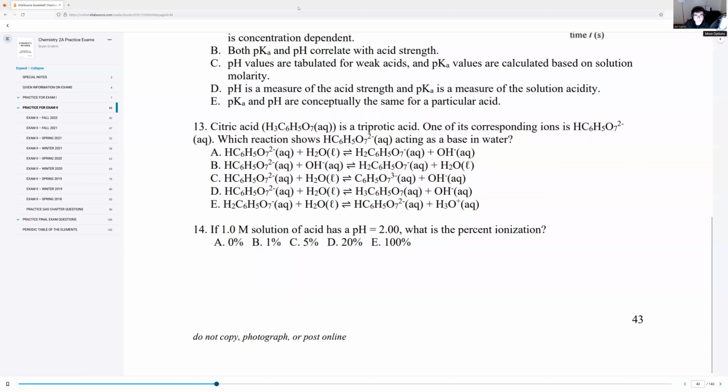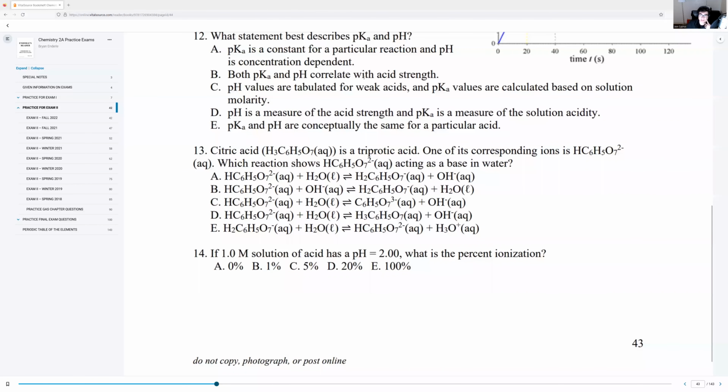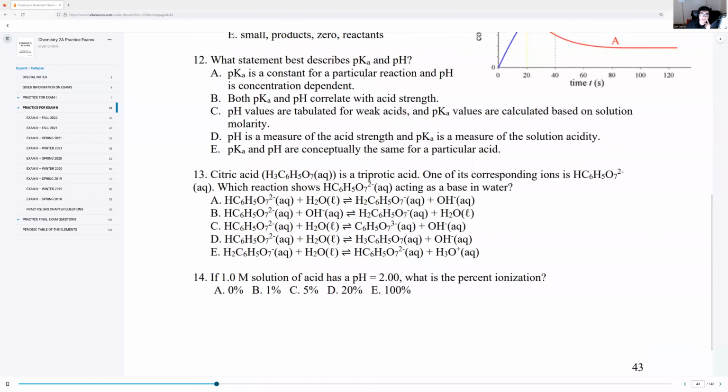All right, so we're on to number 12. It says, what statement describes pKa and pH the best? Ka is a constant. Depending on what the weak acid is, Ka is some constant that describes how much it dissociates, essentially.